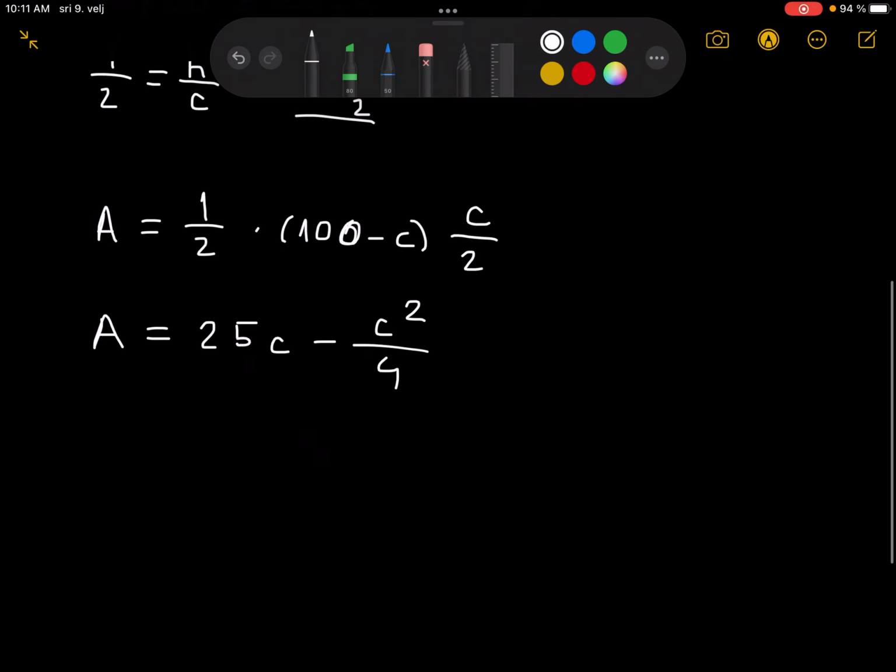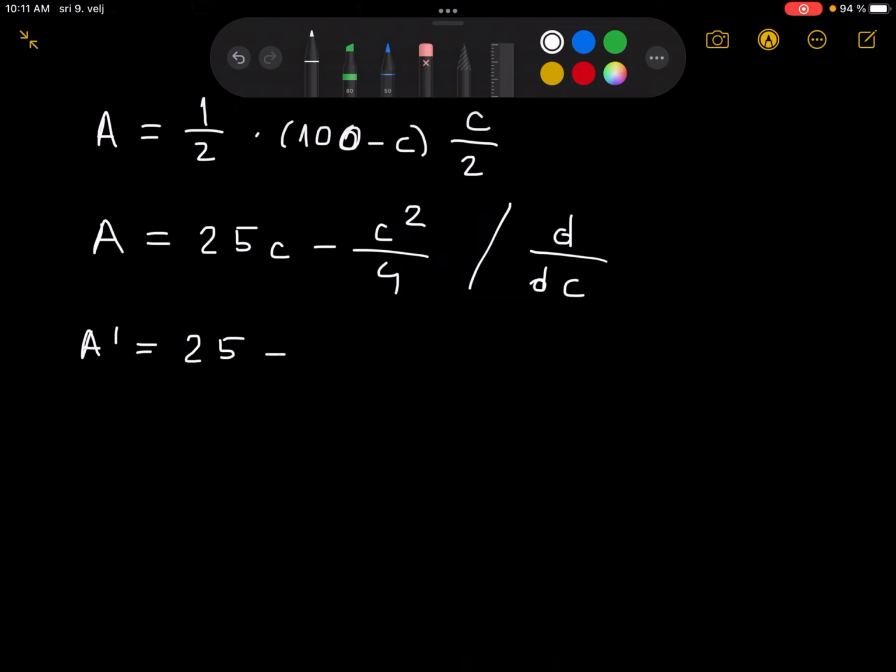So we'll get that A prime is equal to 25 minus 2C over 4, which is just C over 2.